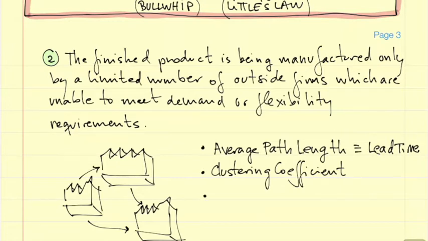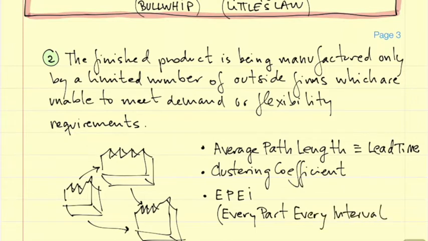It is important that you analyze factors such as EPI, every part, every interval, which is going to be giving you hints about the flexibility of the supplier.